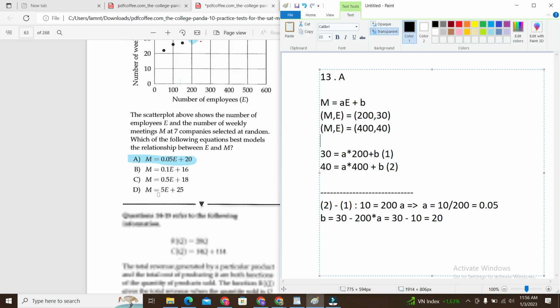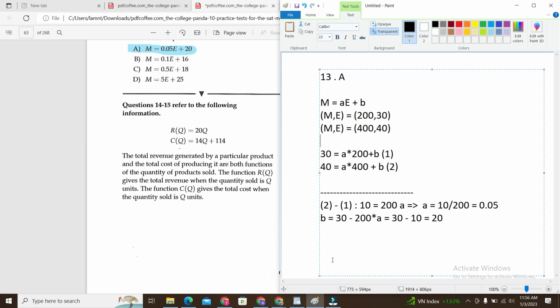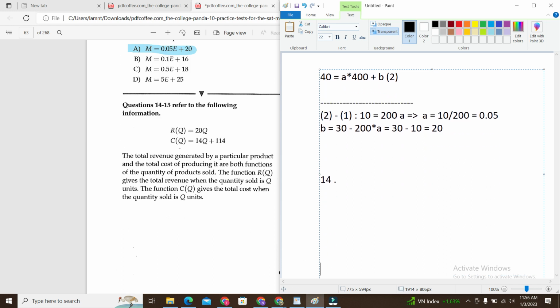So for number 14, we have R of Q equal to 20Q, and C of Q equal to 14Q plus 114.